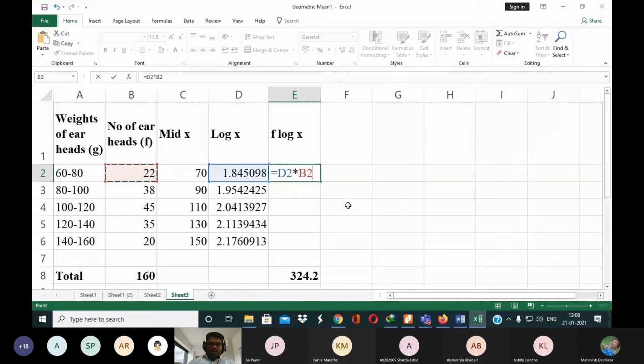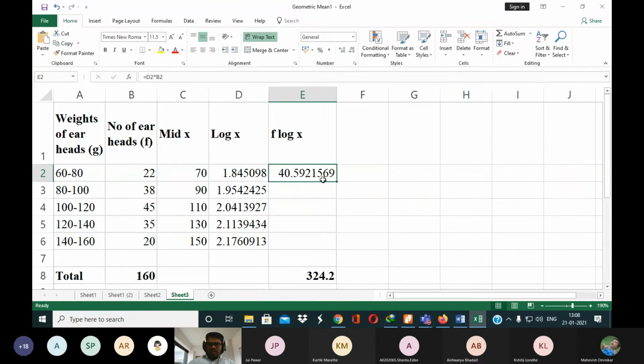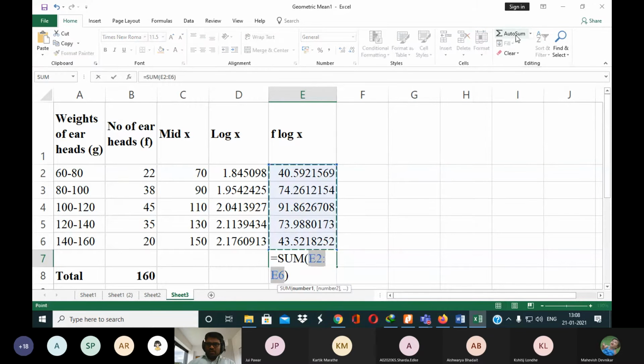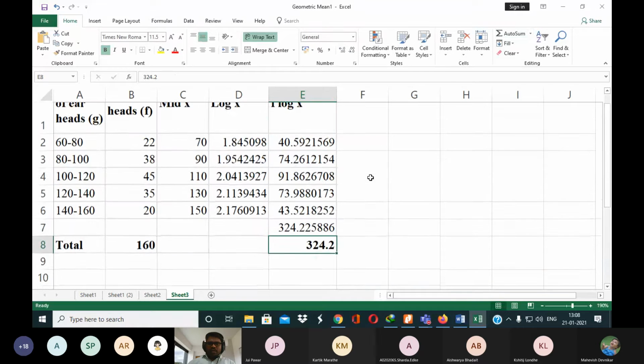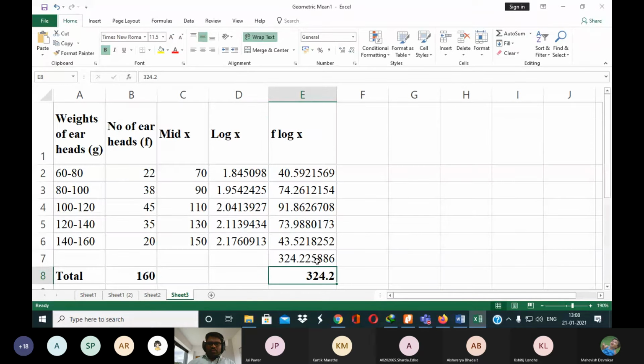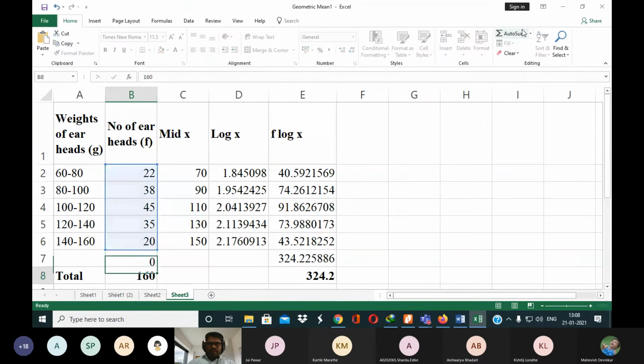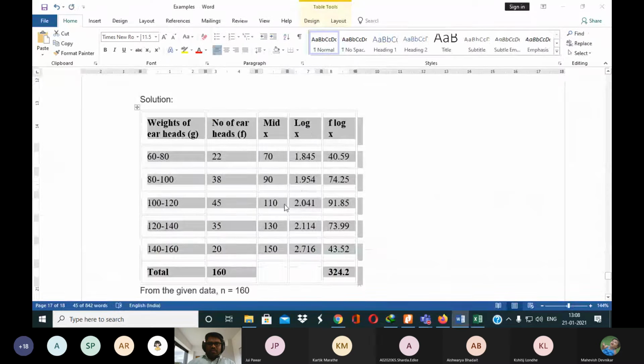This is your frequency. After that you need to find the total of f log of x. So f log of x total is 324.22. Okay, so this is the correct one. And you need to find the total number of items here, so make the summation: 160. Now you have this value, you can put it into the formula and calculate the geometric mean.